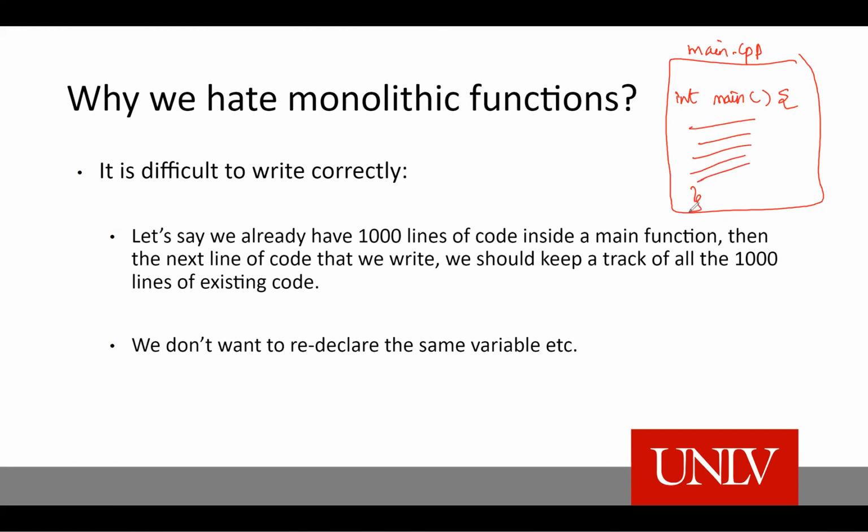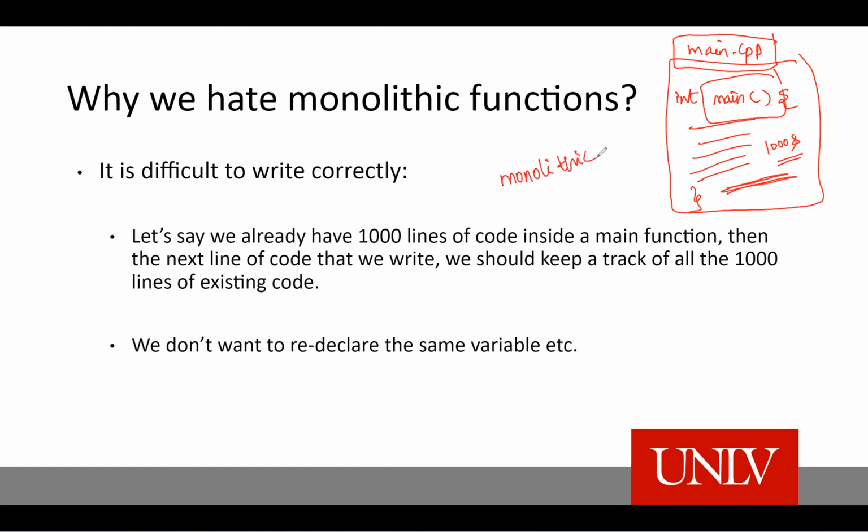If I try to write thousands of lines of code here, and all the logic or code that we are writing in main.cpp is done through this main function, then we call this function monolithic.